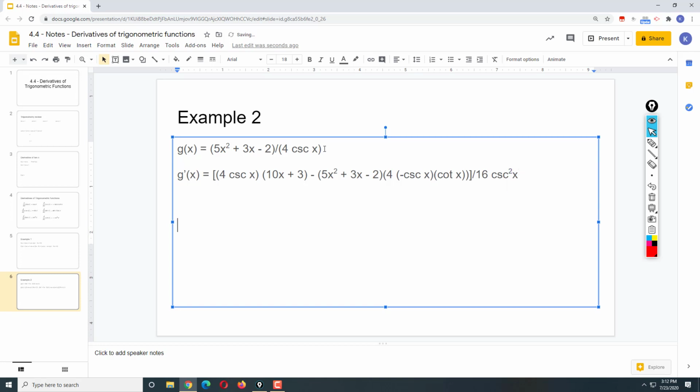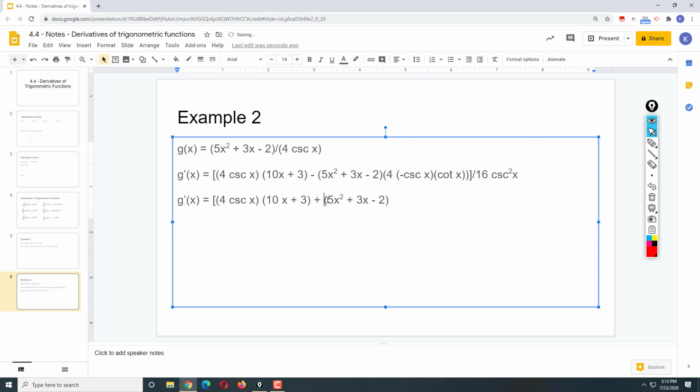That's basically it. We can simplify it one further. So the derivative on top would be 4 times cosecant x times 10x plus 3. Next, I see 2 negatives. One negative from the derivative of cosecant x, one negative from the quotient rule itself. They cancel, it becomes positive. 5x squared plus 3x minus 2.